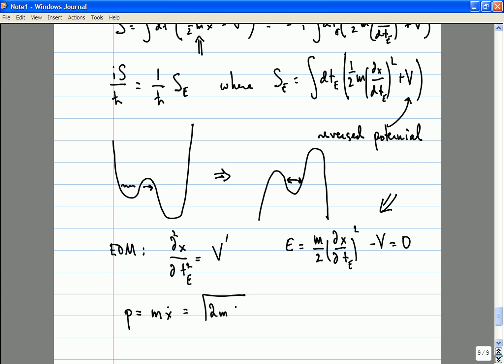Or, okay, let's just say that the energy is equal to 0 for the trajectory that I'm studying, so then p will just be the square root of 2mV.